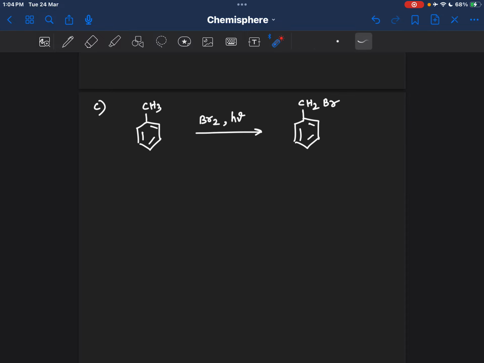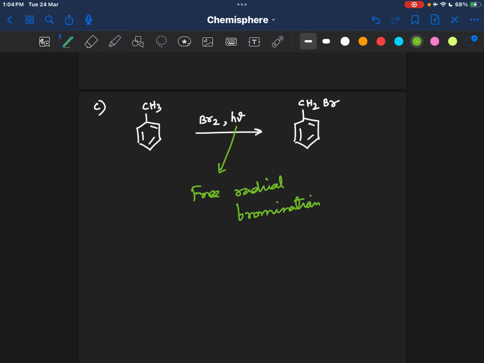In the third option, again you can see there is Br2, h nu, so there is going to be free radical bromination. And I told you that in free radical bromination, allylic and benzylic cases are preferred because they result in allylic and benzylic free radicals which are resonance stabilized. So always look into the possibility of the presence of a benzylic hydrogen or an allylic hydrogen.